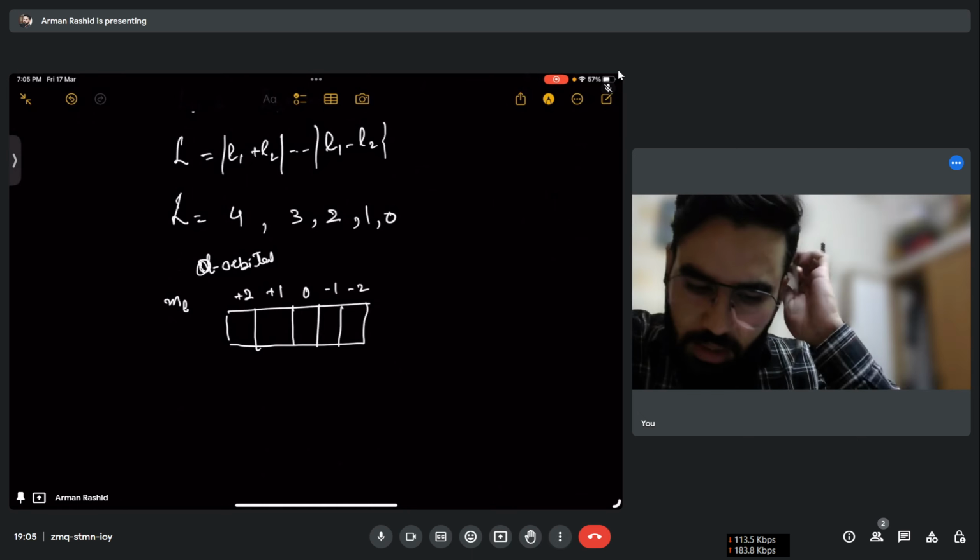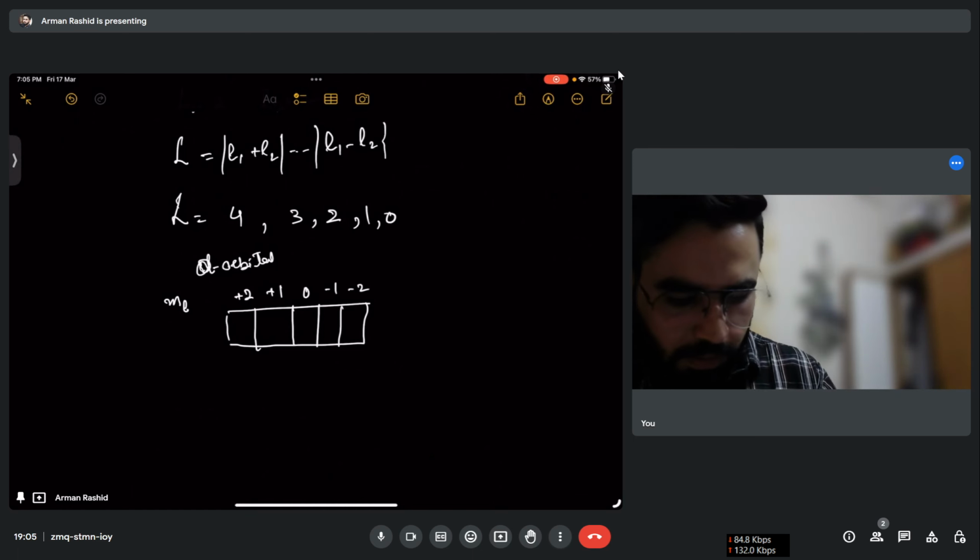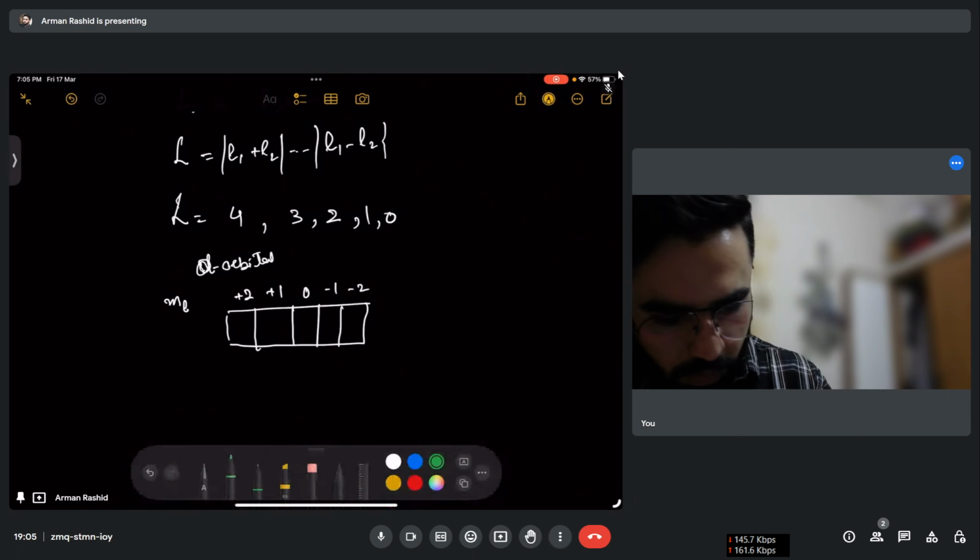In order to make L equal to 4, and also with spin multiplicity 3, we have to put both electrons in the same configuration.